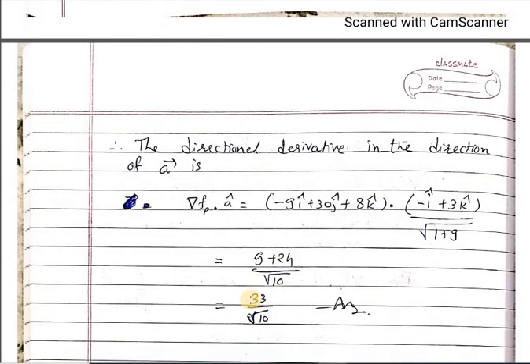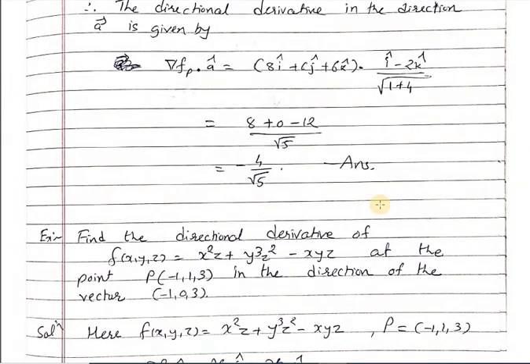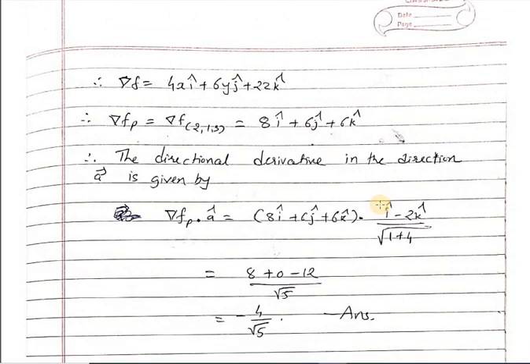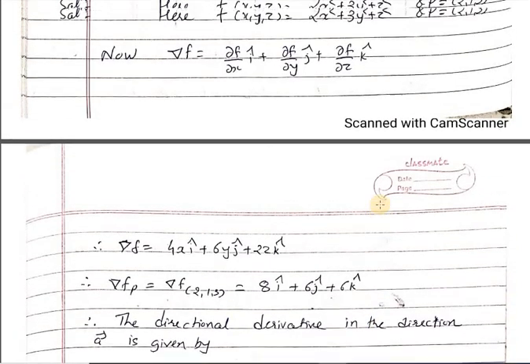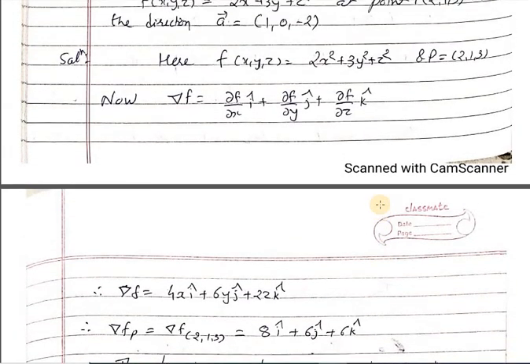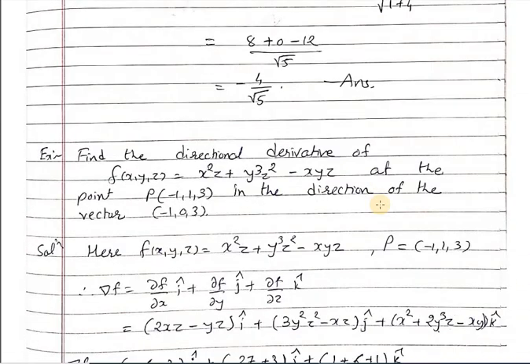Now we are concerned to find the directional derivative in the direction of a bar. Then it is given by grad f at a point P dot a cap. Now see, grad f has a value minus 9i plus 30j plus 8k, and we are finding the directional derivative of f at a point in the direction (-1, 0, 3).